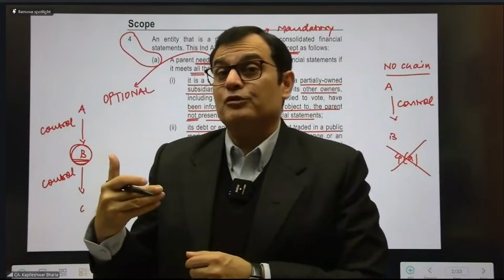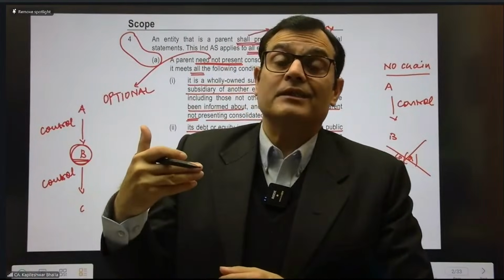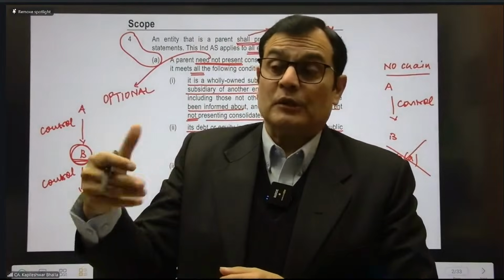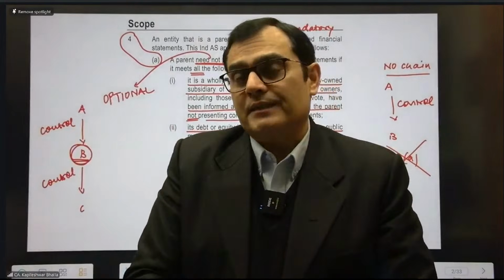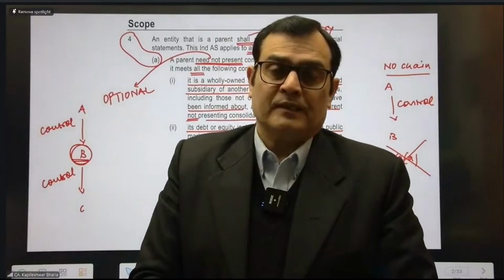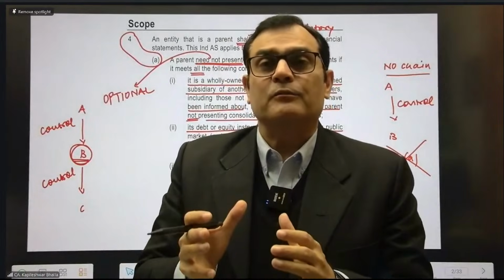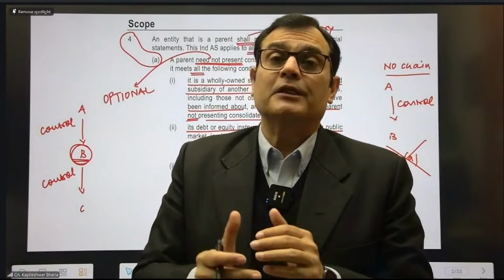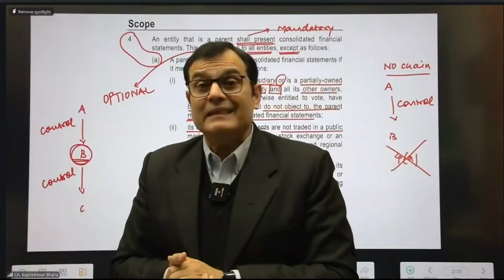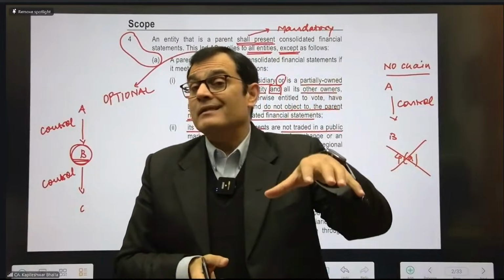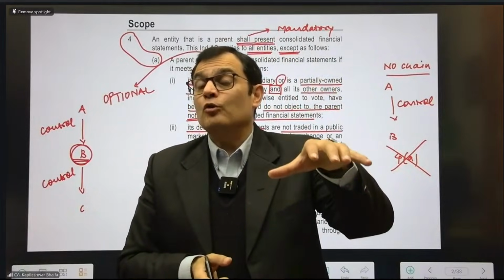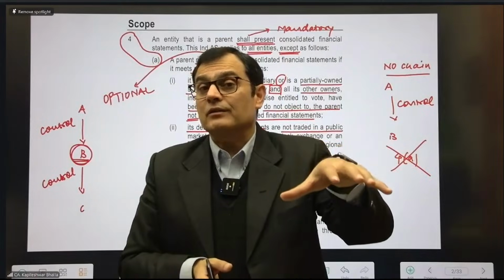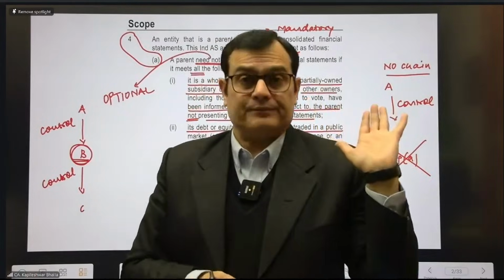Because if B becomes a listed company, then the stakeholders have a very keen interest in the company. So in this case, the standard setters' thought is very clear-cut: we will give them a choice of not consolidating only if you're not a publicly traded company. So if B is an unlisted company, neither its debt nor its equity securities are traded in the market or listed on the stock exchange, then I'm fine.